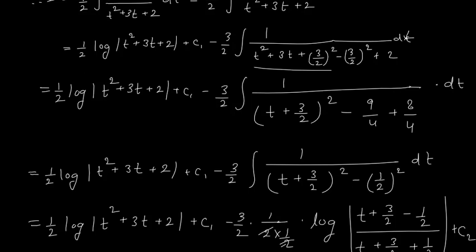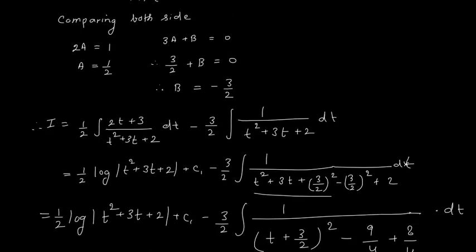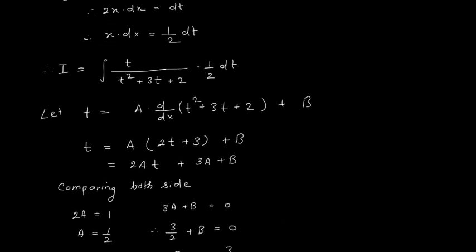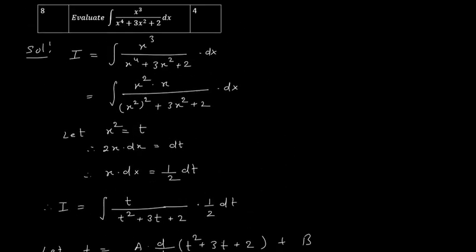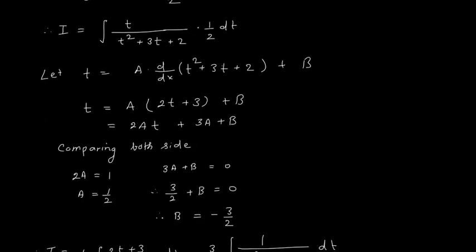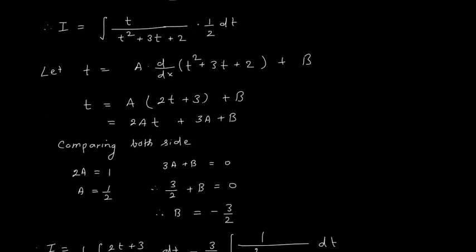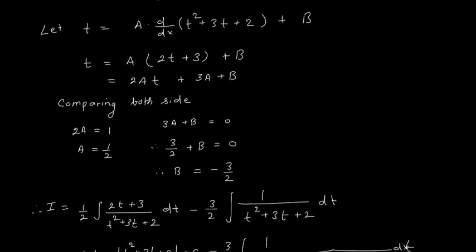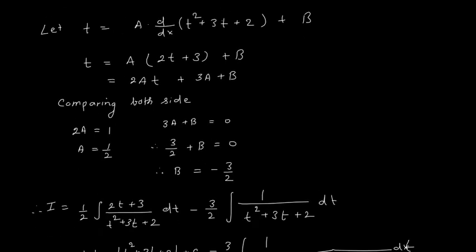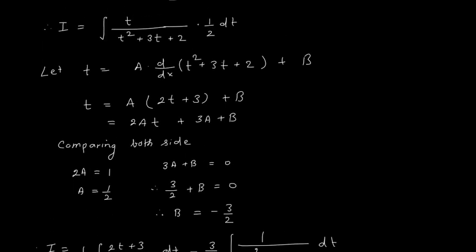Now let us see whether we have found everything correctly. So in x cube, we have replaced x square with t, 2x dx will become dt. So x dx is 1 upon 2, this is okay. Then we have replaced this t with a times d by dx of this whole term. So for I we have 1 upon 2, this 1 upon 2 we had missed, we have to remember this 1 upon 2.